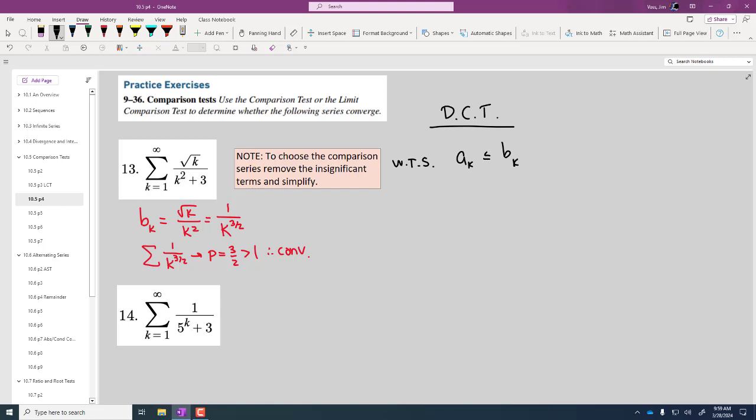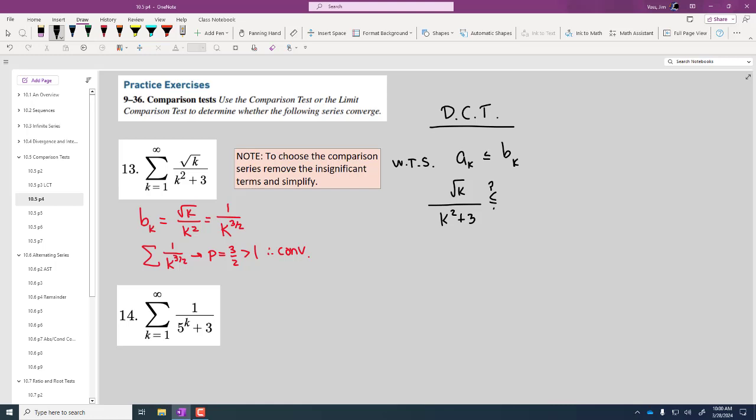Okay, so just plug in what we have. We have the square root of k over k squared plus 3. This is what we would like to show. We'll put a question mark because we don't know yet. And that's less than or equal to 1 over, it's that. Now, if we're clever, this b sub k right here was simplified from that.